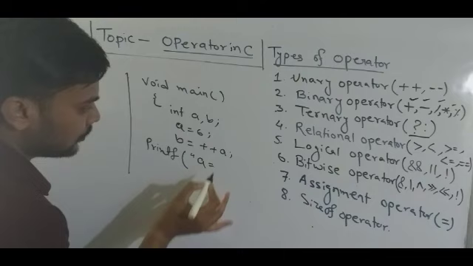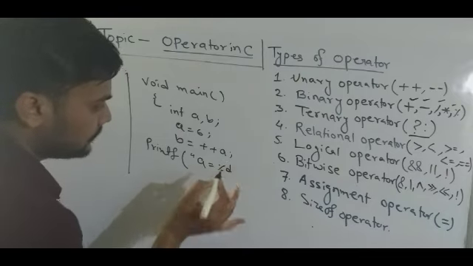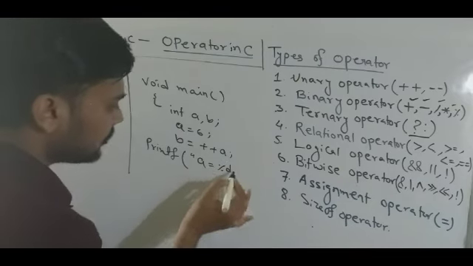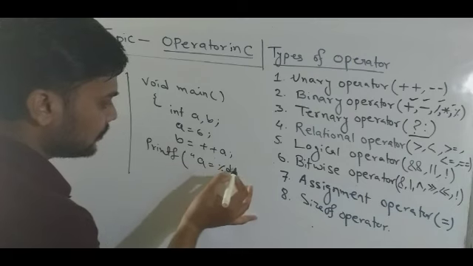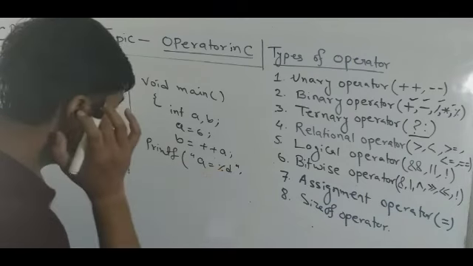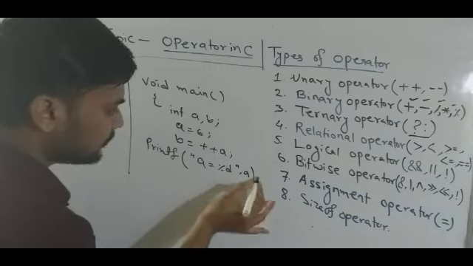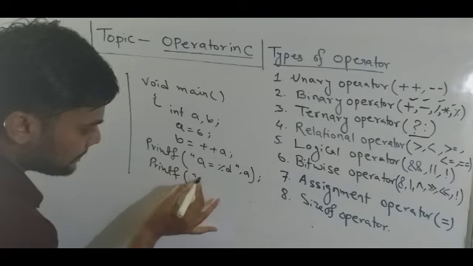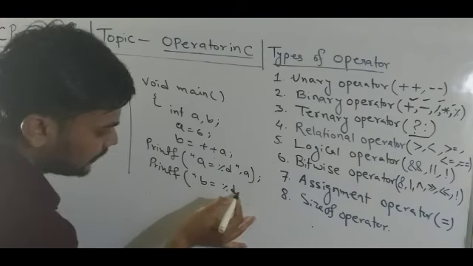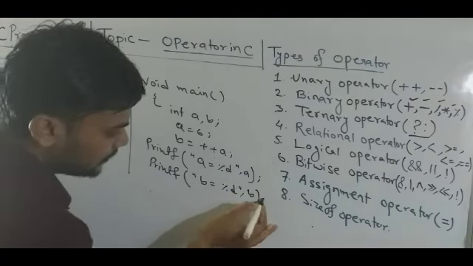And printf a equal to %d comma a, and printf b equal to %d comma b.